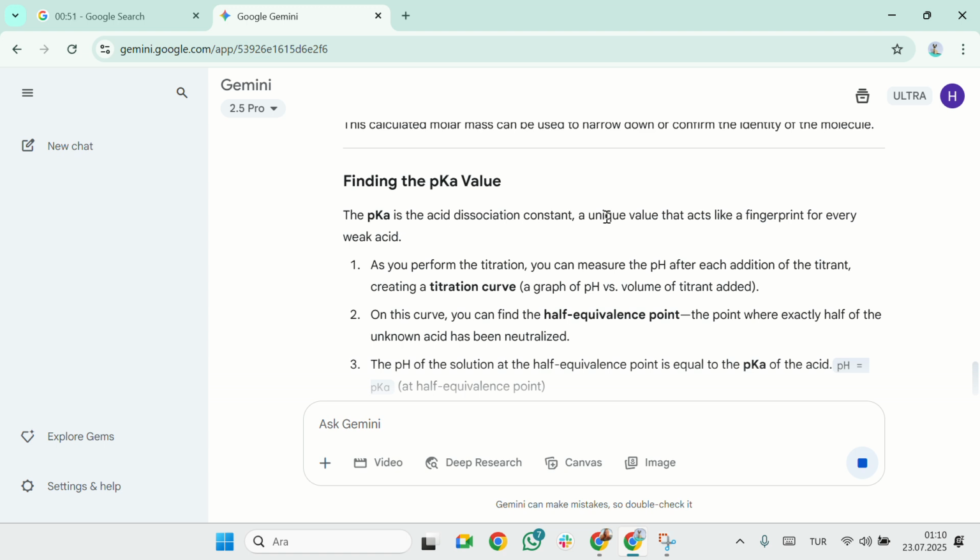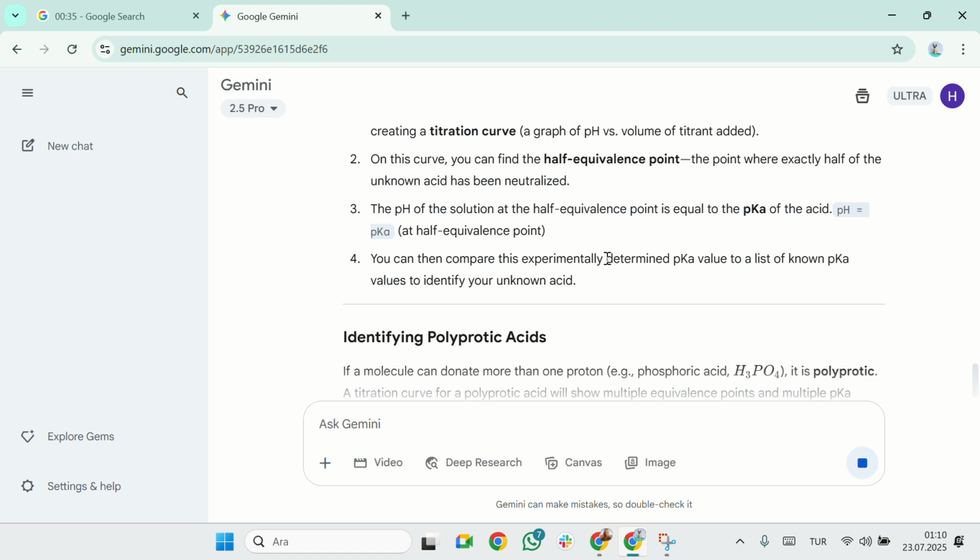pKa is the acid dissociation constant, a unique value that acts like a fingerprint for every weak acid. As you perform the titration, you can measure the pH after each addition of the titrant, creating a titration curve. On this curve, you can find the half-equivalence point, where exactly half of the unknown has been neutralized.